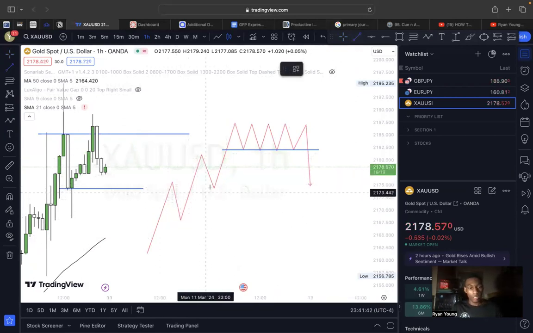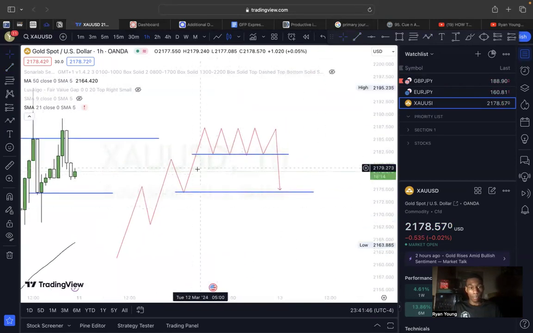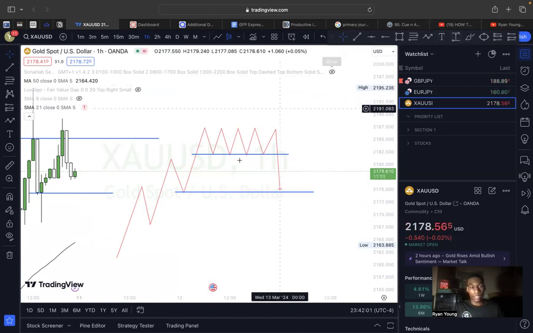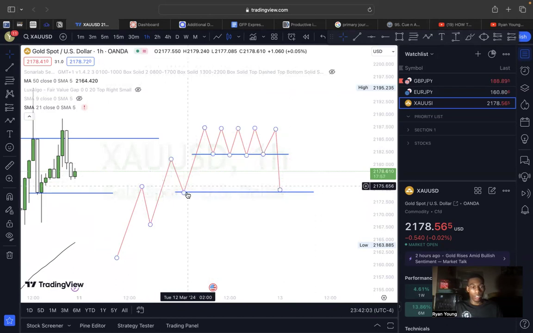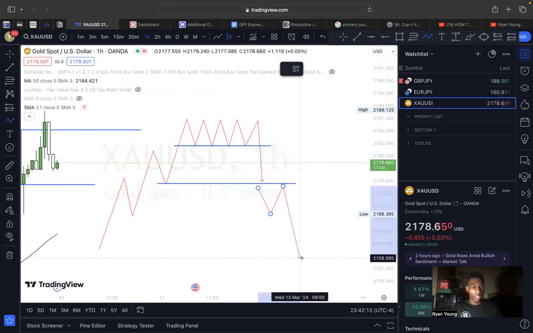But keep in mind, this area of support, which is the last major higher low, once price breaks an area like that, that's when we know, okay, price has officially moved over to the bearish side as we're not maintaining this trend anymore, where price has broken this previous higher low and typically price will come back to retest this area and continue to the downside.